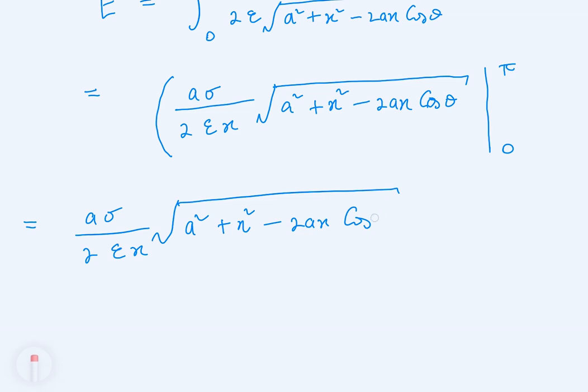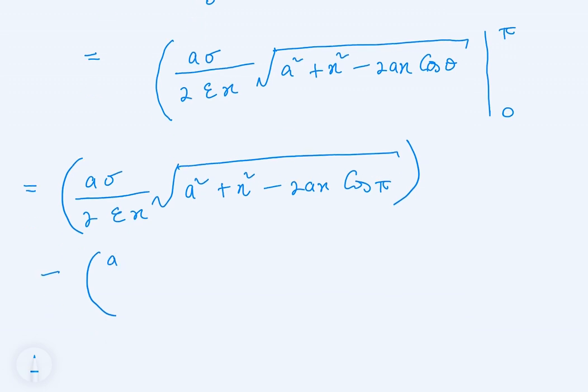We first start by substituting pi in there. Close brackets like this, and we go minus a sigma divided by 2 epsilon x multiplied by the square root of a squared plus x squared minus 2ax multiplied by cos of 0.